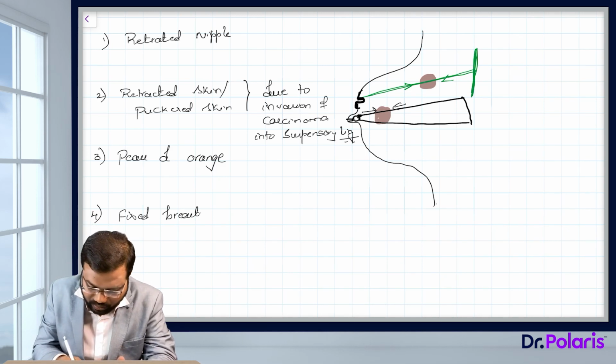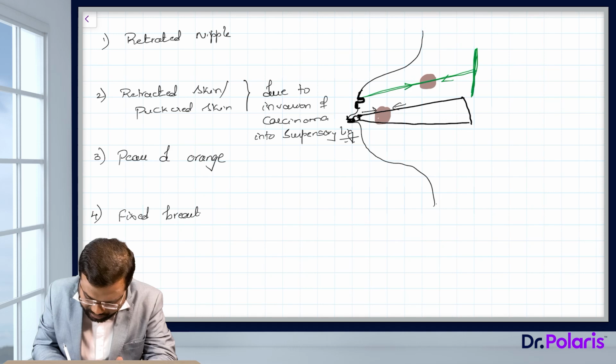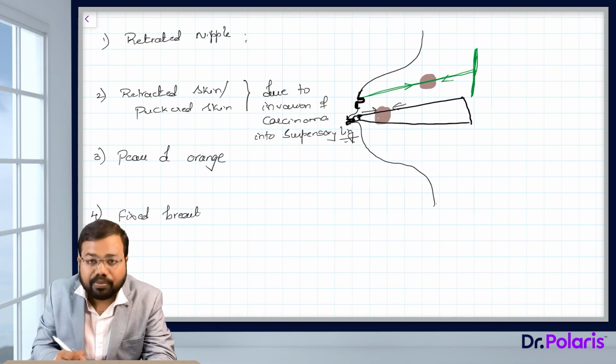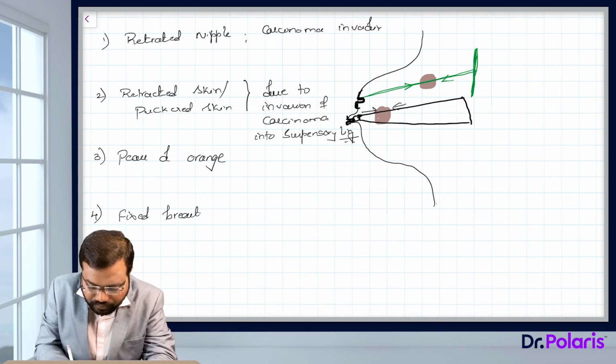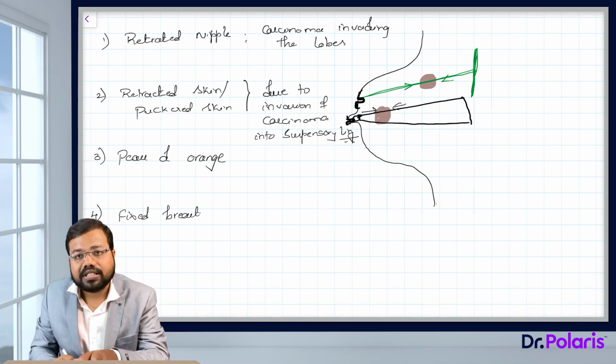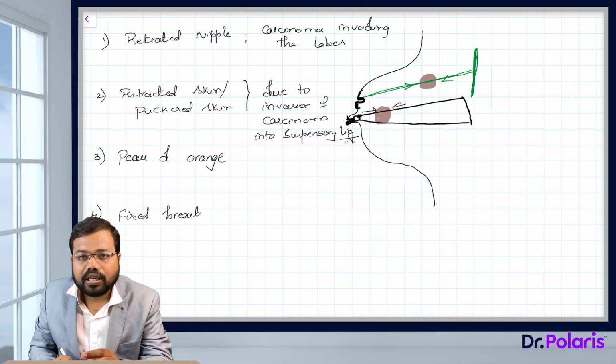So whenever there is backward retraction, there is a retraction of the nipple. So retracted nipple is due to carcinoma invading the lobes. If the carcinoma is invading the suspensory ligaments of Cooper, it causes the puckered or retracted skin, whereas if it invades the lobes, it causes retracted nipple.